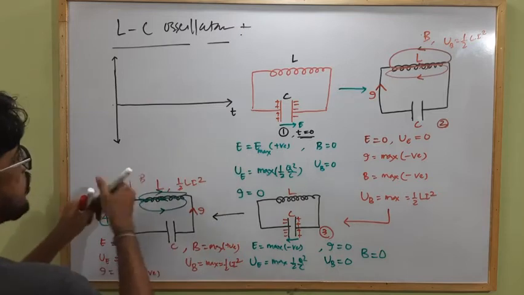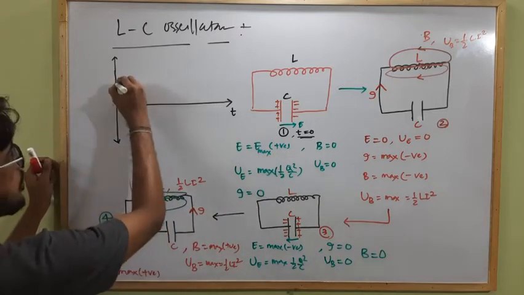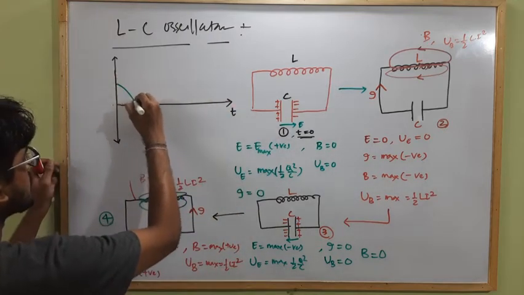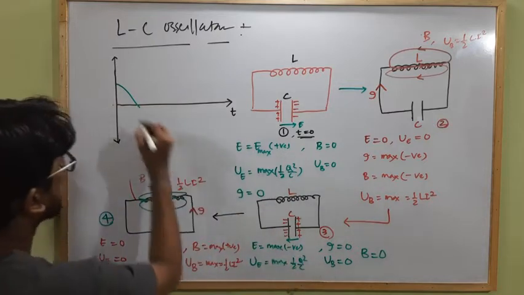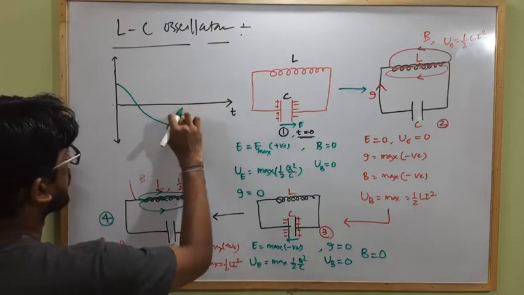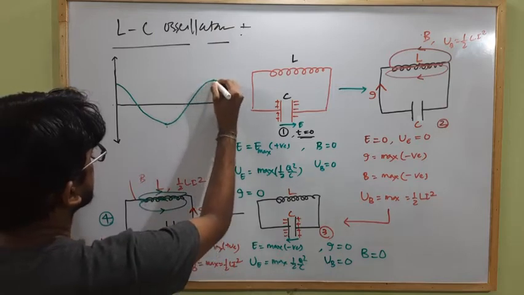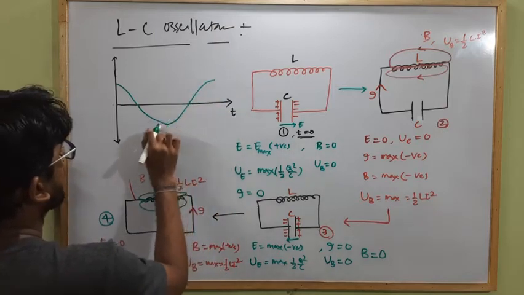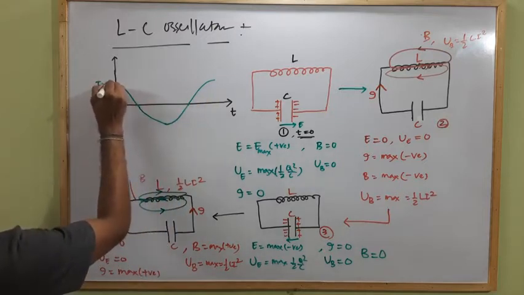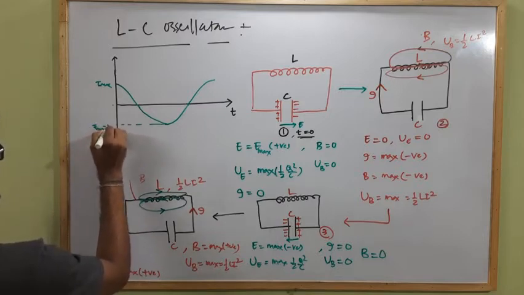At t equal to 0, E is positive maximum, then E will be 0, so the graph will be like this, then E will be negative maximum, then 0, then positive maximum, like this. I am drawing for a complete cycle. Clear? Here it will be E max positive, and here it will be E max negative.